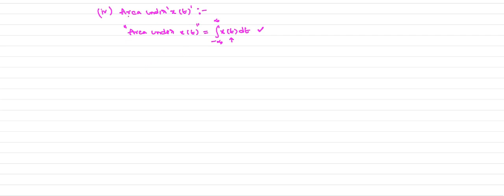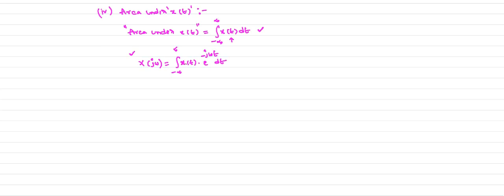Now I want to find the area under x of t using the Fourier transform. For that, you consider the Fourier transform of x of t, which is X of j omega. So what is X of j omega? Integral minus infinity to plus infinity, x of t e power minus j omega t dt. This is the formula for the Fourier transform of a continuous time signal.